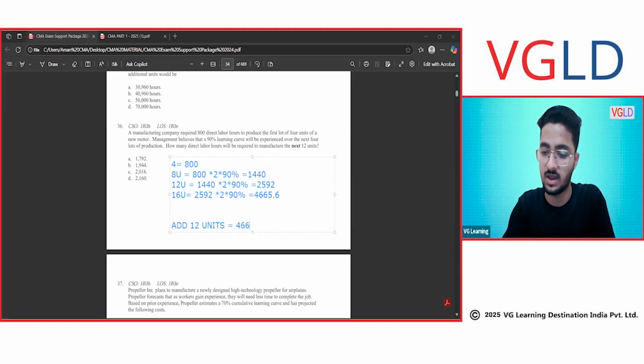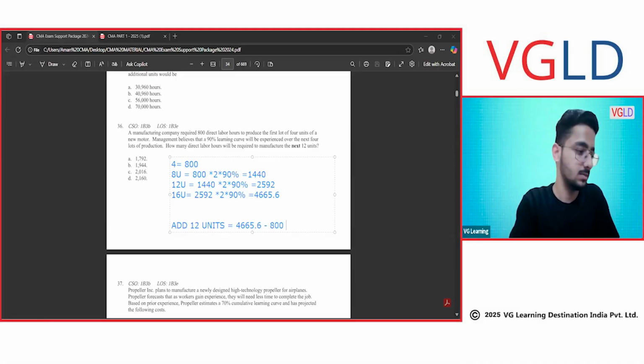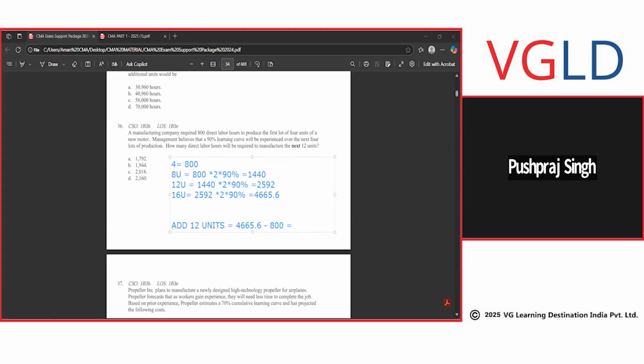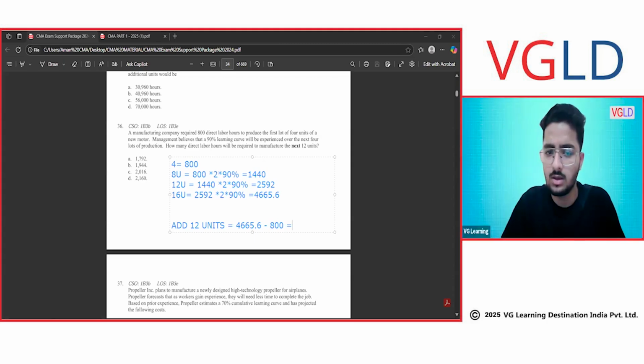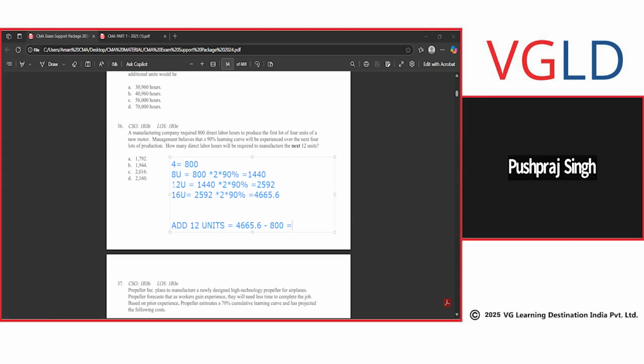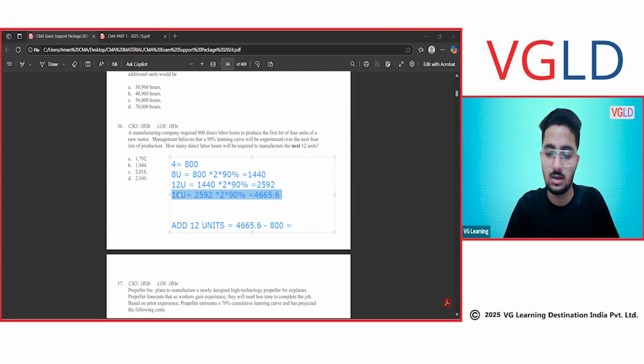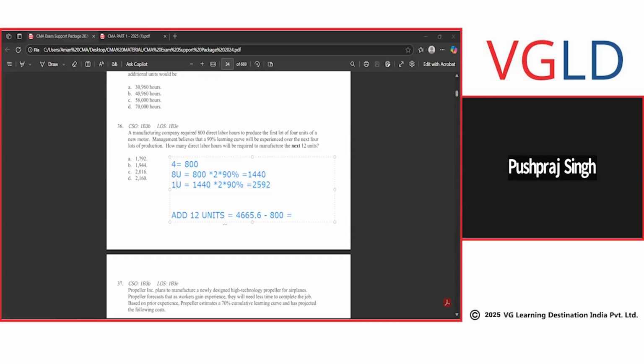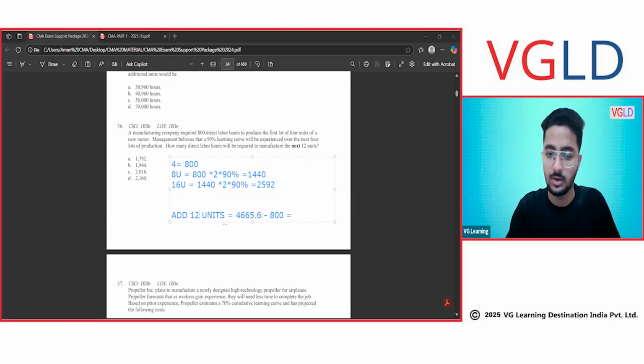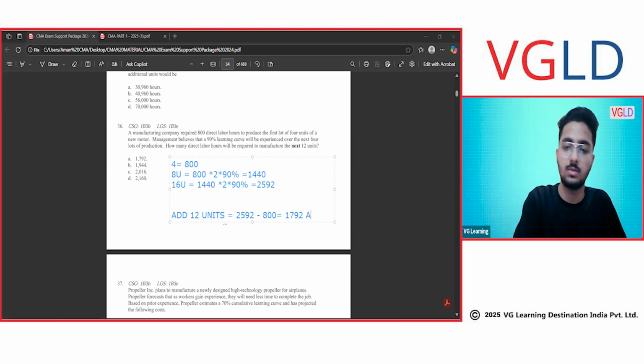Actually, after 8 units it will be 16. Yes, I made a mistake, it should be 16. So just remove this. Additional 12 units: 2592 less 800, right? That is 1792. Very simple. Option number A. Yes, correct.